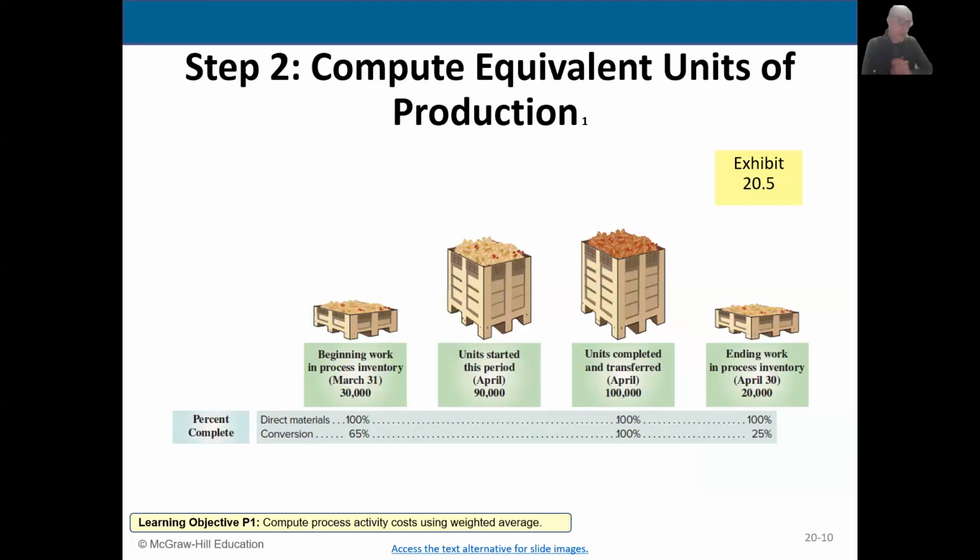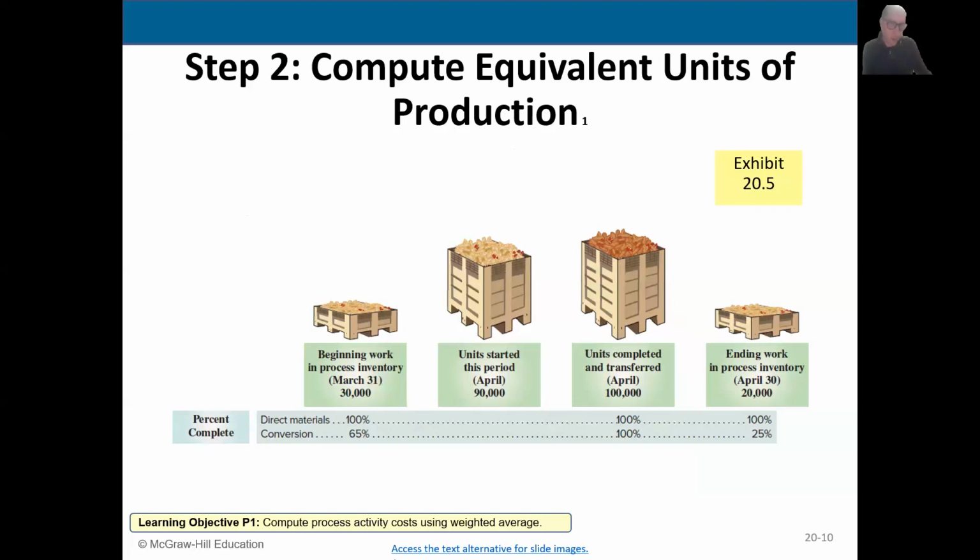So again, the reason why we calculate equivalent units of production is because some units we did not finish during the accounting period, but we still need to assign them costs. I didn't finish 20,000 units, so I need to assign cost to those 20,000 units.